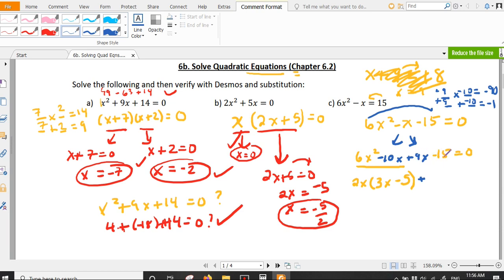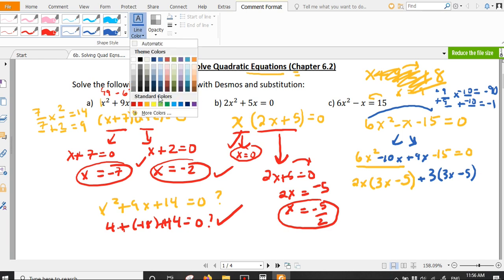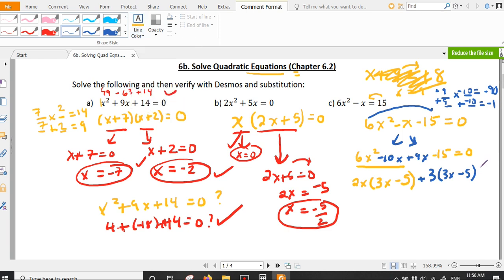9 and 15, looks like all I can do is a 3. Okay, so I'm just left with a 3x, because 9 divided by 3 is 3x. Negative 15 divided by 3 is negative 5. Equals 0. Okay.